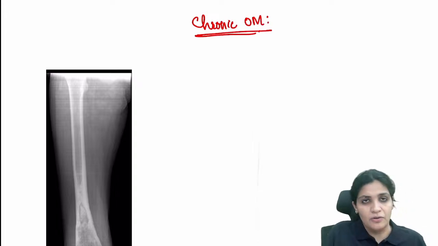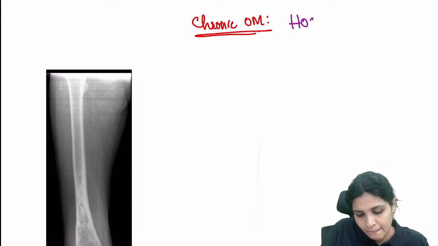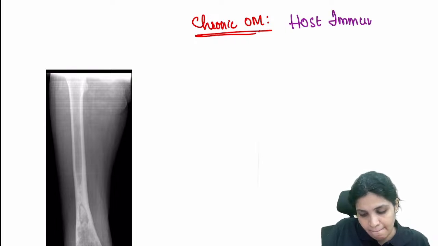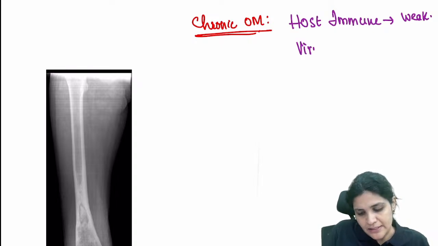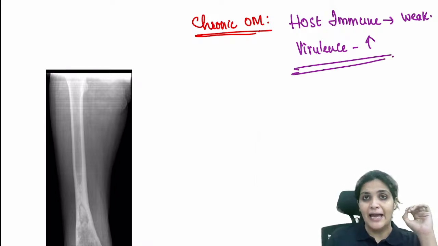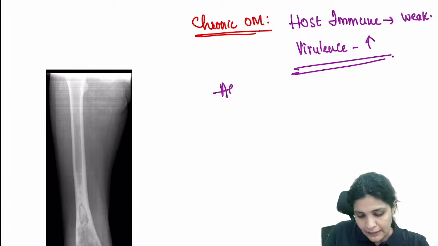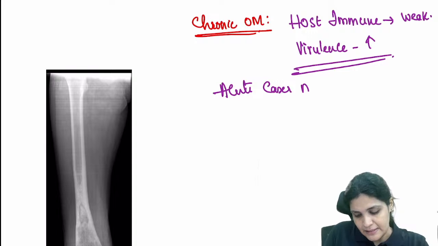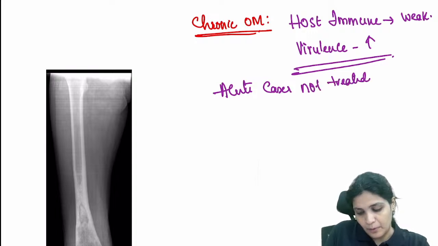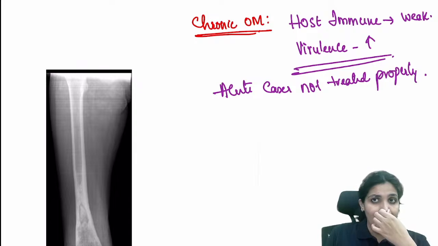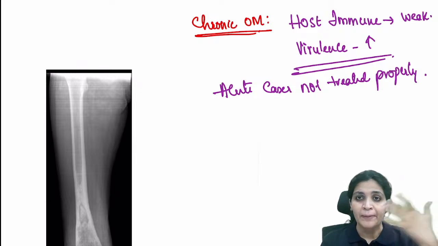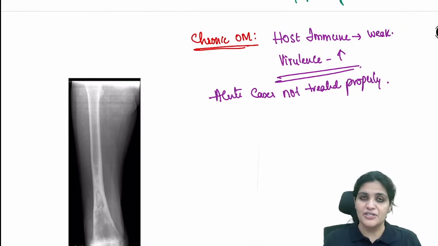Here the host immune system is weak, whereas the bacteria's virulence is high. Or, if acute cases are not treated properly, if you have neglected antibiotics, or the dosage, or proper treatment has not been done, then these patients will end up in chronic osteomyelitis.